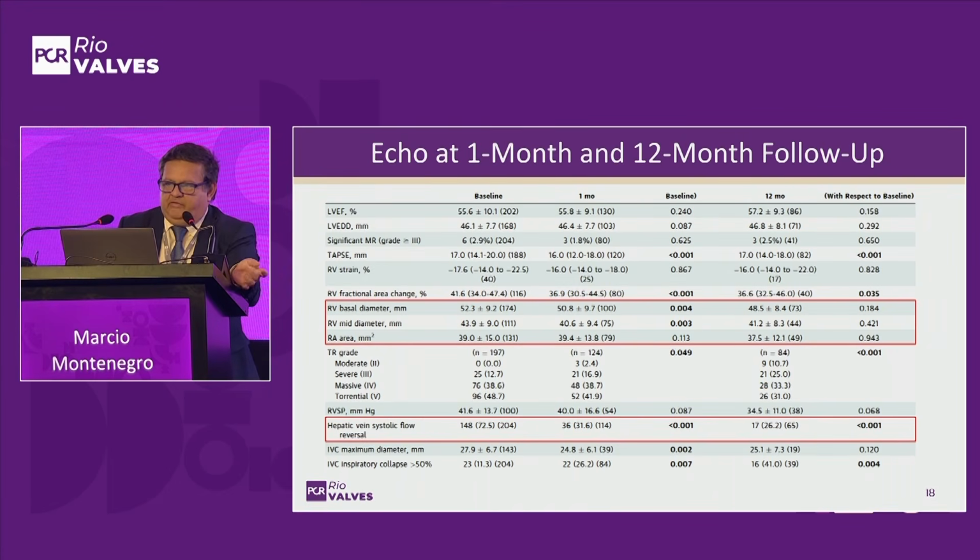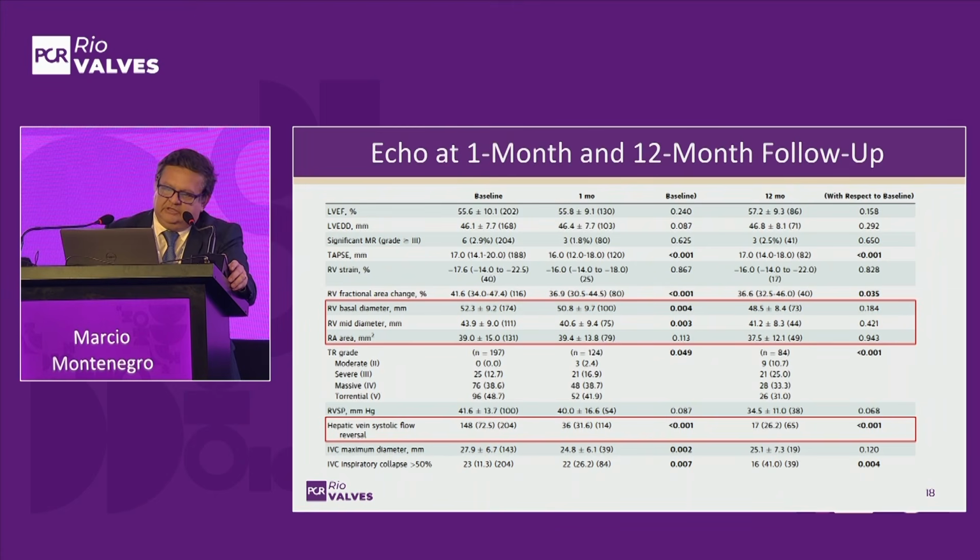In the echo at 1 month and 12-month follow-up, it's very interesting to see a good remodeling of the right ventricle. We can see at 1 month from 52 to 50 with statistical impact, and even with no impact, there is a decrease in the size of the right ventricle.